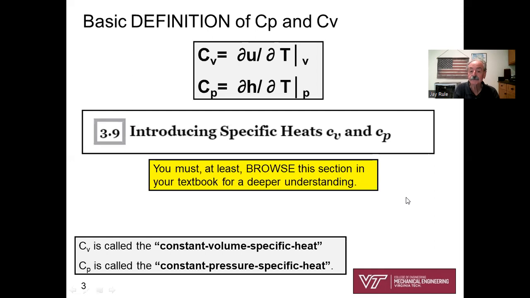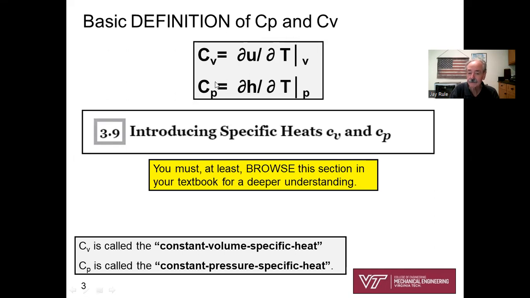Basic definition of C sub P and C sub V. Here it is. Now, it's sort of an imposing look. C sub V is defined as the partial derivative of U with respect to T holding V constant. Say it again. This variable, C sub V, is du dT at constant V, a partial derivative.